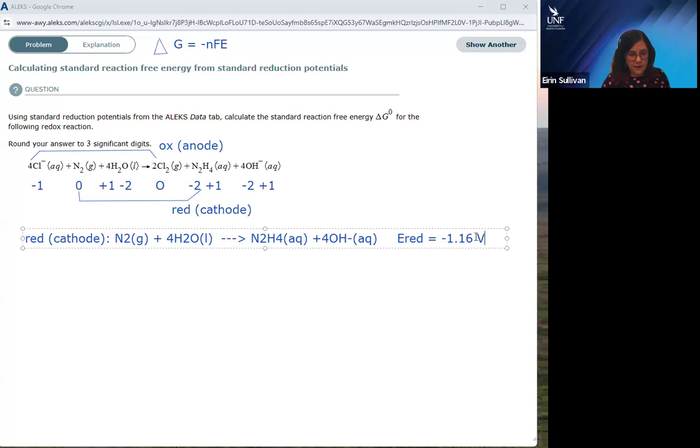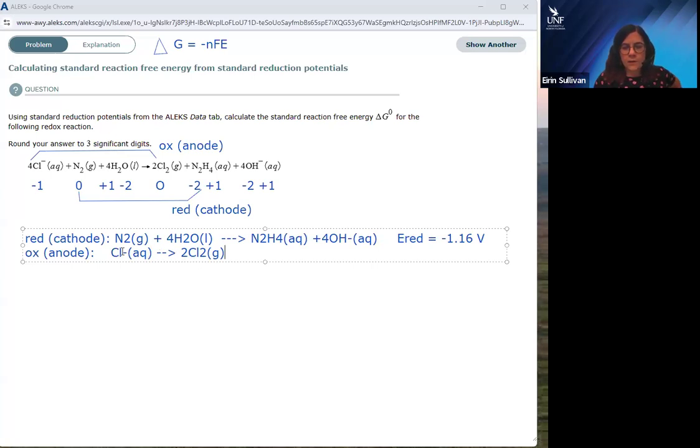Okay, and then my other reaction, my oxidation half reaction, which is happening at the anode, is going to be my oxidation of chlorine from Cl minus aqueous to Cl2 gas. That should be balanced.